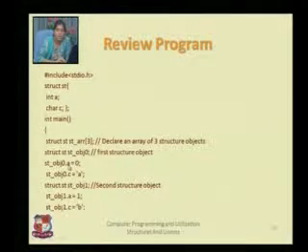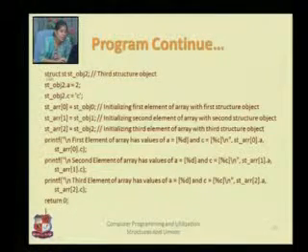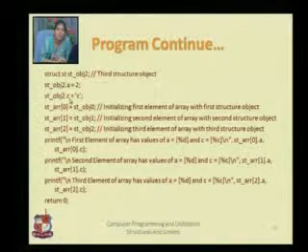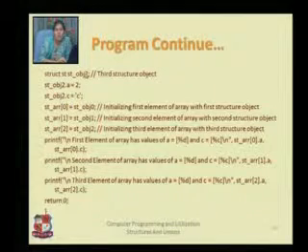Then object0.a: for that particular instance I give the value of the first variable, integer a, as 0, and to the character I give the value 'A'. Then for the second object I give a as 1 and c as 'B'. Then I give 2 to a for the third object and 'C' to c in object 3.